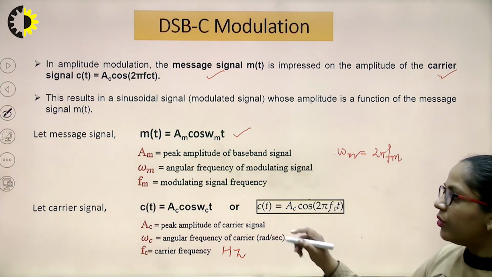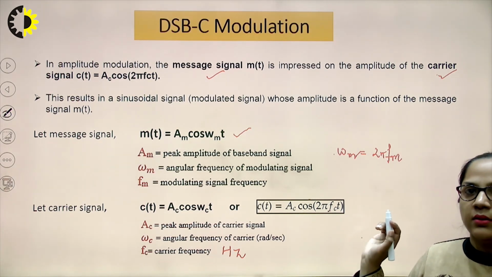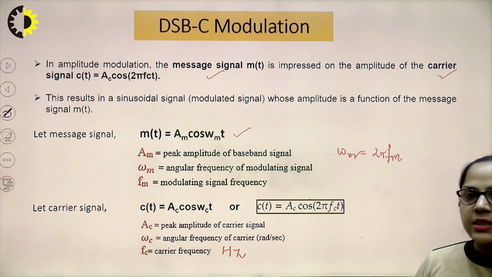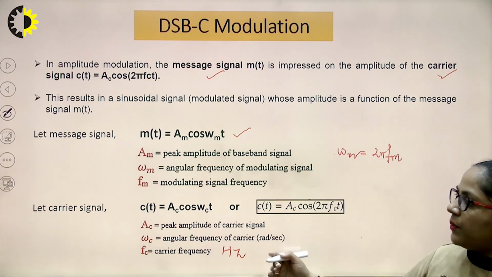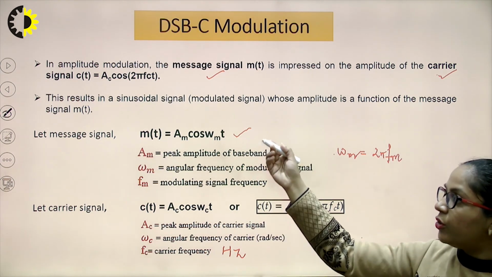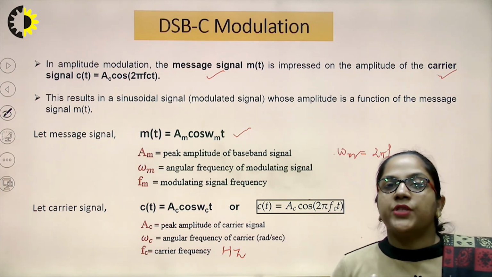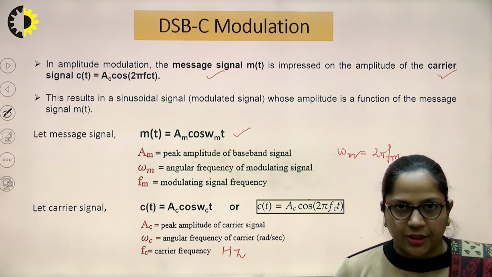The amplitude of the modulated waveform will be according to the instantaneous value of the message signal. Now how we can superimpose them, and after superimposing the amplitude of this message signal over this carrier signal, what kind of signal will we get? We will discuss this in our next lecture.